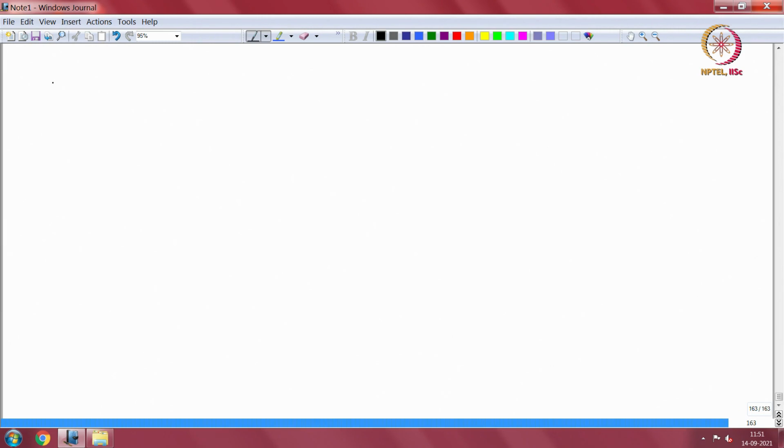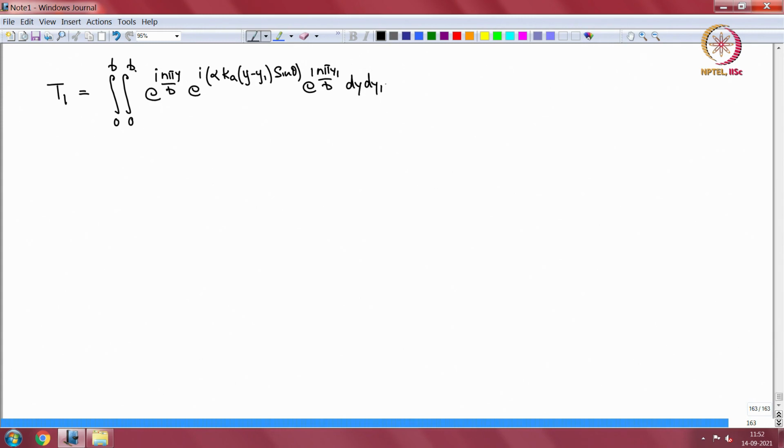Okay, so the one term is T1, which is given by the integral 0 to B, the y dimension of the plate, of e to the power of i n pi y by B, e to the power of i alpha k a (y minus y1) sin theta, e to the power of i n pi y1 by b, dy dy1.